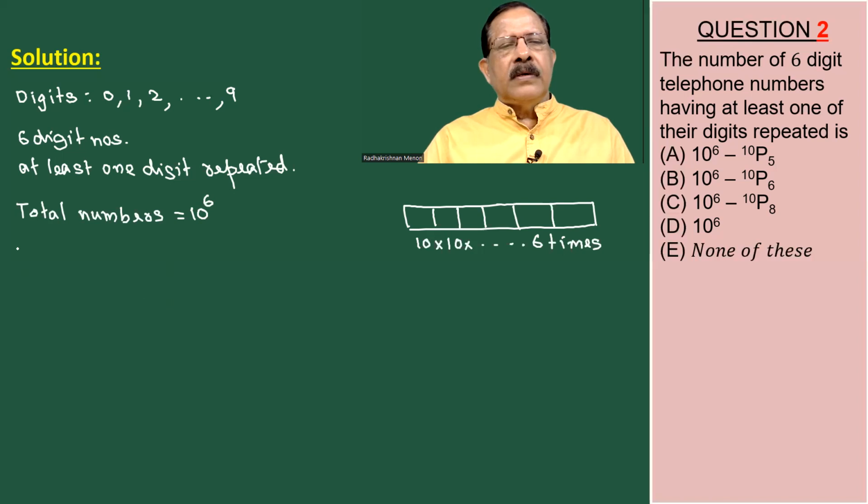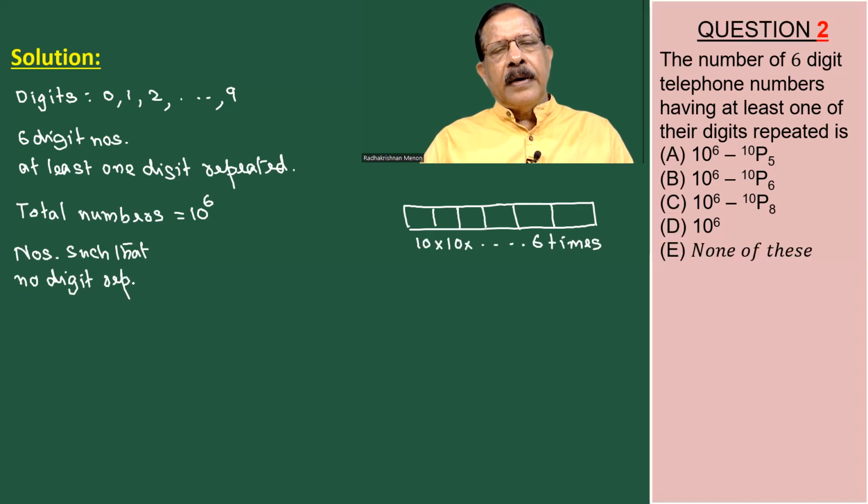Now, numbers such that no digit is repeated, that you calculate similarly.